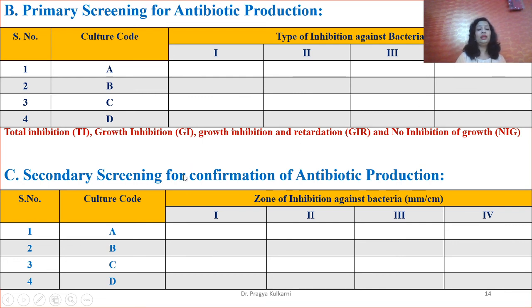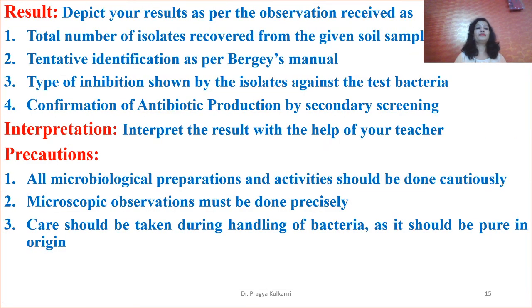In secondary screening, we go for the size of the zone of inhibition in millimeters or centimeters, again for all 4 cultures against all 4 bacteria. Finally, depict your result as per the observation received.